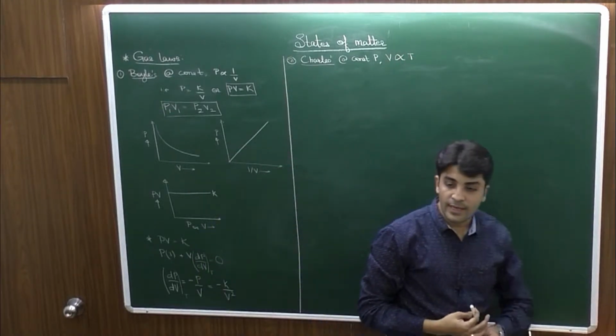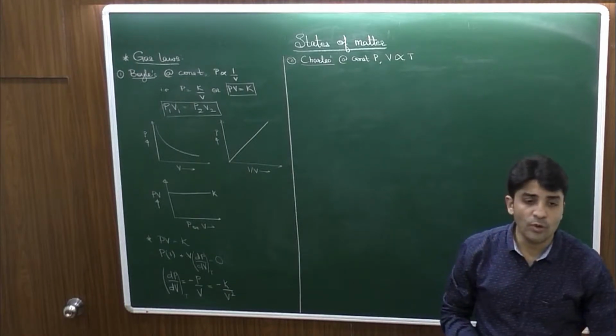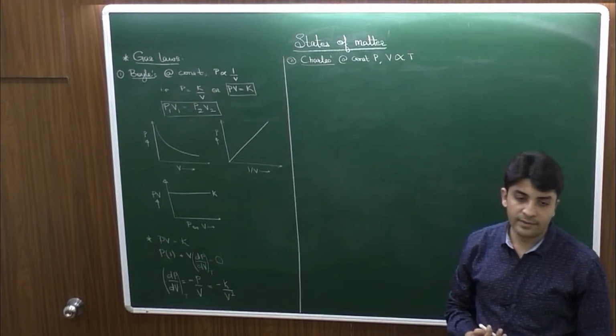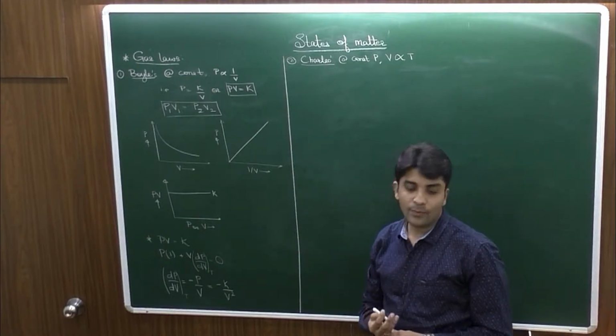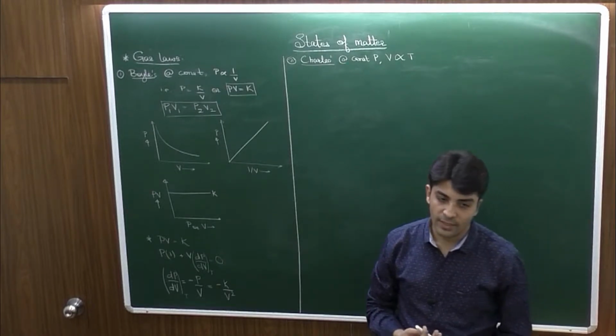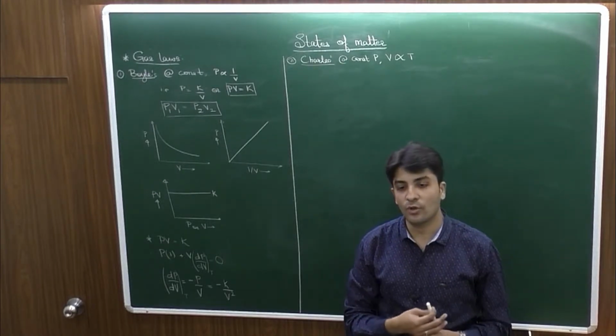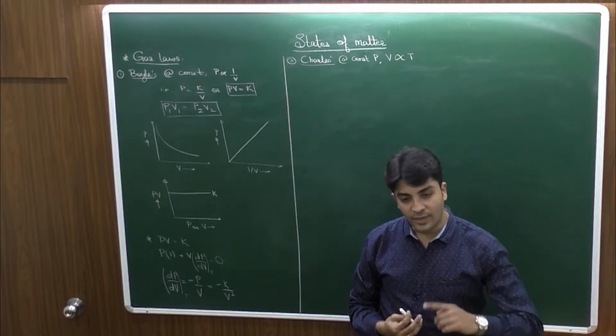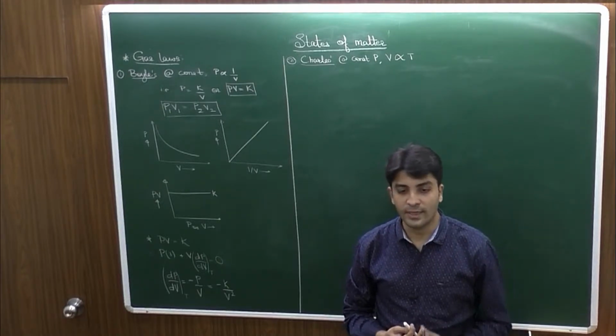Charles also stated that the volume occupied by the gas increases or decreases by 1 upon 273.15 times the initial volume, or the original volume, after every degree rise or fall in temperature.